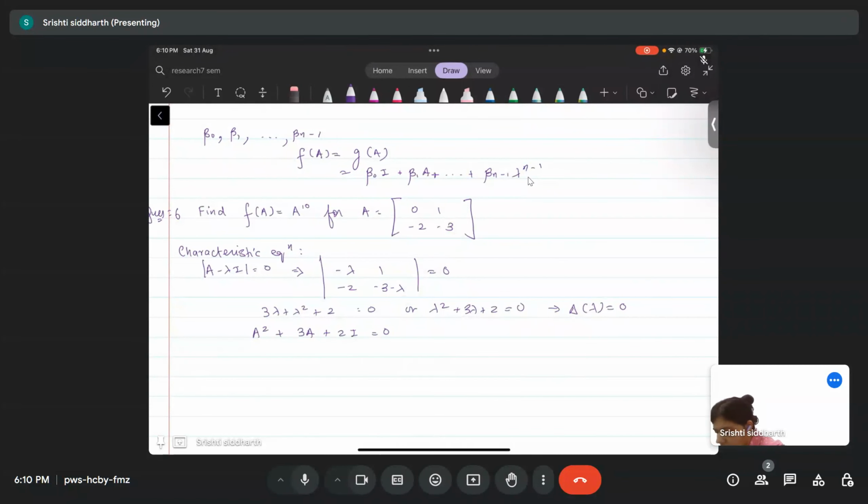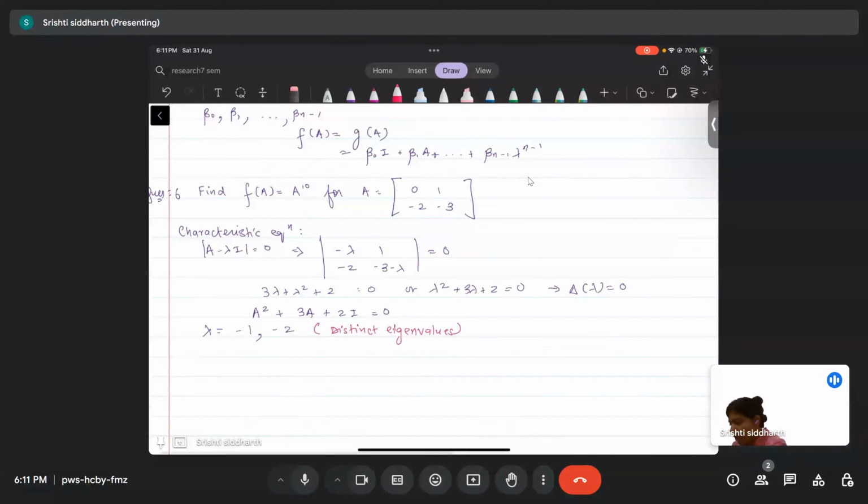Alright. Also, what are the eigenvalues? Let's check if these are distinct or repeated. We have already calculated this several times. This is minus 1 and minus 2. So we are in the simple case right now: distinct eigenvalues. Alright. So what's the order of the matrix A, or order of the system? It's 2, right? So g of lambda is the remainder term.